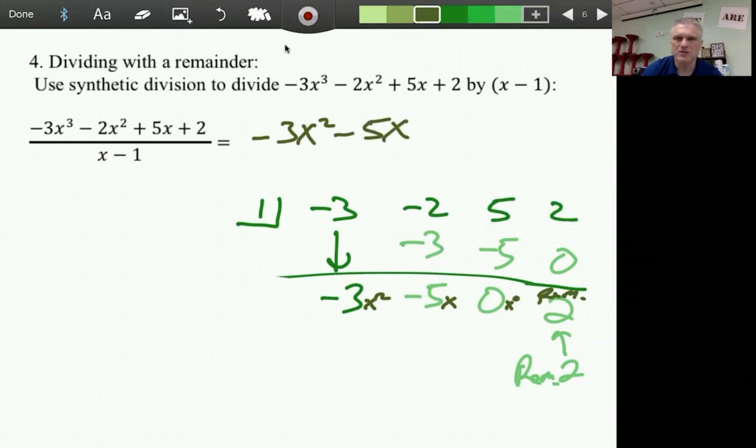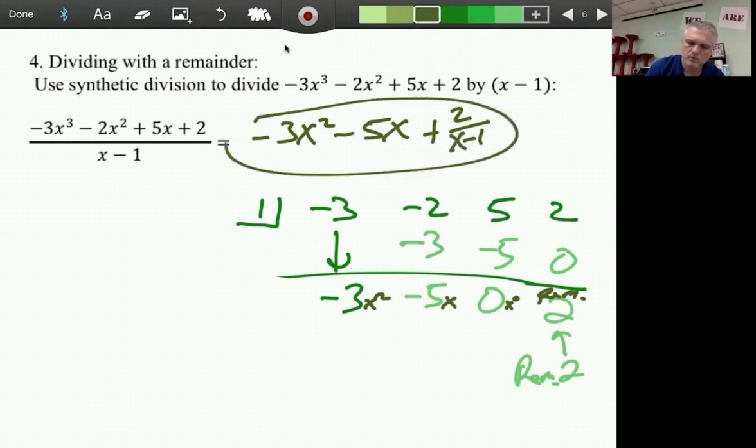You could say plus 0 if you wanted to, but we have a remainder, so plus the remainder of 2, over the divisor, which in this case was x minus 1. We're done. Whatever the remainder is, you put the remainder over your divisor, just like you did in grade school. So again, if I did 4 divided by 3, the answer was 1 and 1/3, because 1 was the remainder and 3 was my divisor.